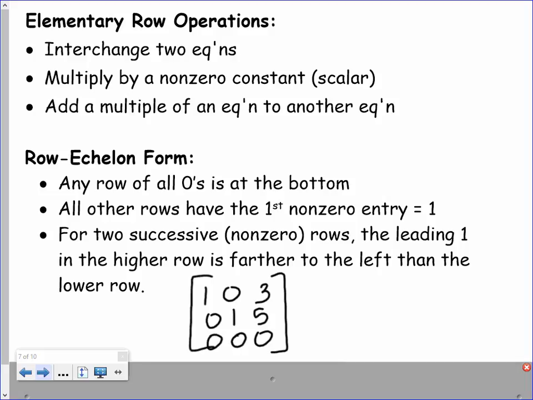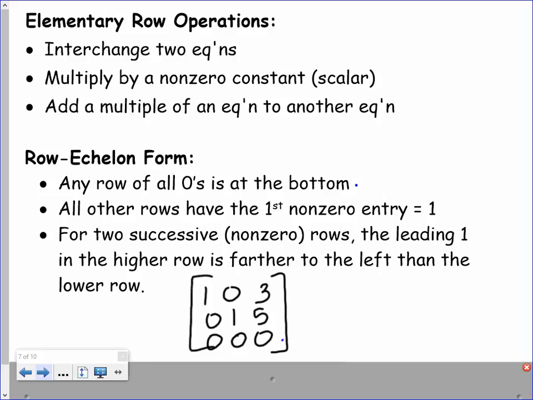This is a matrix in row echelon form. When I refer back to my characteristics, if I have a row of all zeros, it's at the bottom. Check, I had a row of all zeros. Do you always have a row of all zeros? No, but if you do, it's at the bottom of your matrix.